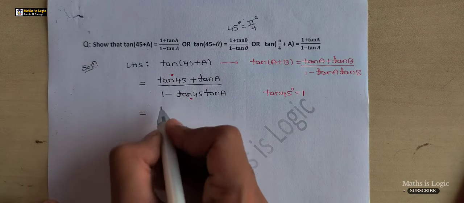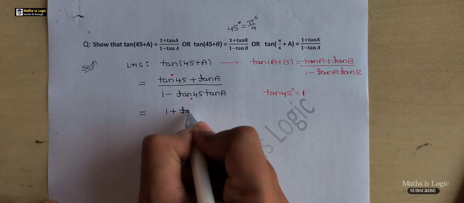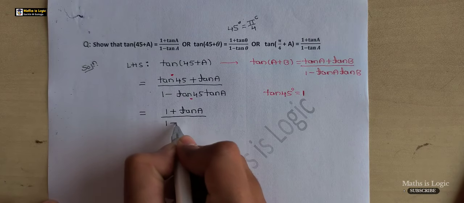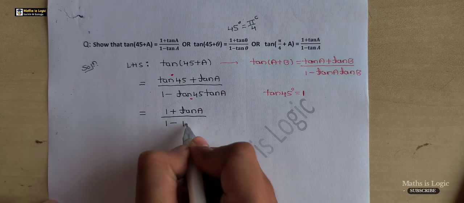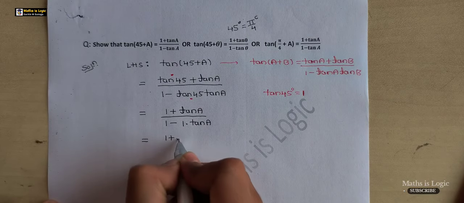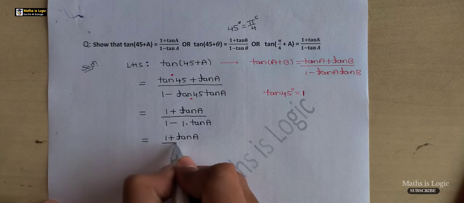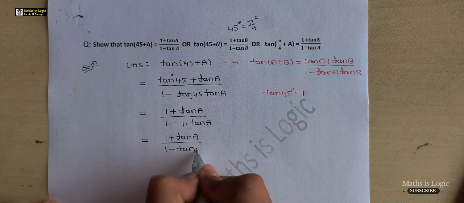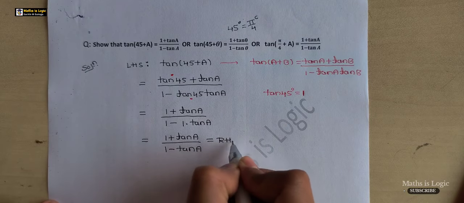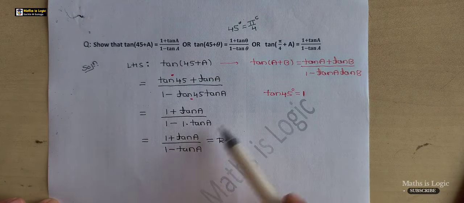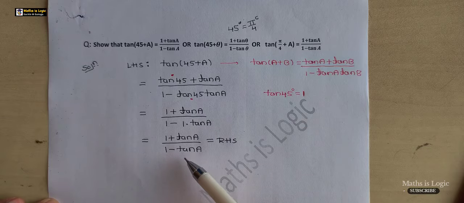So this becomes 1 plus tan A, because tan 45 is 1, divided by 1 minus, keep it as it is, tan 45 becomes 1 into tan A. So which is equal to 1 plus tan A divided by 1 minus 1 into tan A, which is tan A. So which is equal to which part? RHS. So LHS is equal to RHS. If they give it like this, same procedure. If they give it like this, again it is the same procedure. All three questions are the same only.